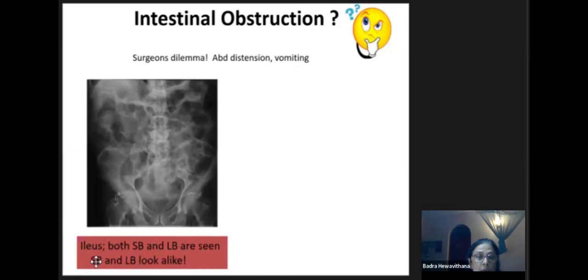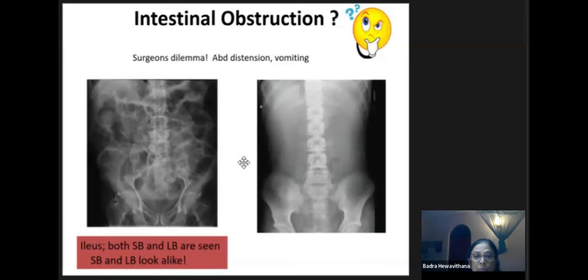This is the jargon: small bowel and large bowel look alike. It is like a neonatal abdominal X-ray, because their bowel is not developed. So this is what takes you to the diagnosis of ileus.